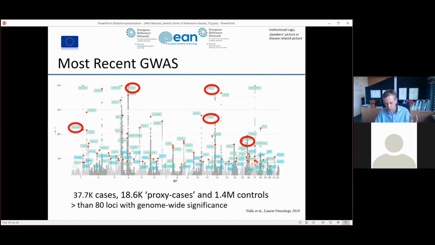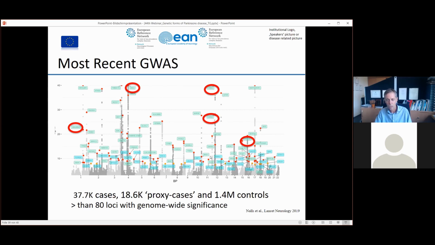So as I showed you initially, the link between the rare and the common variants also holds true for Parkinson's disease. And we can see that the same genes are involved with rare variants in monogenic forms of Parkinson's disease, and with the common variants that are investigated in GWAS studies, for the common sporadic form.